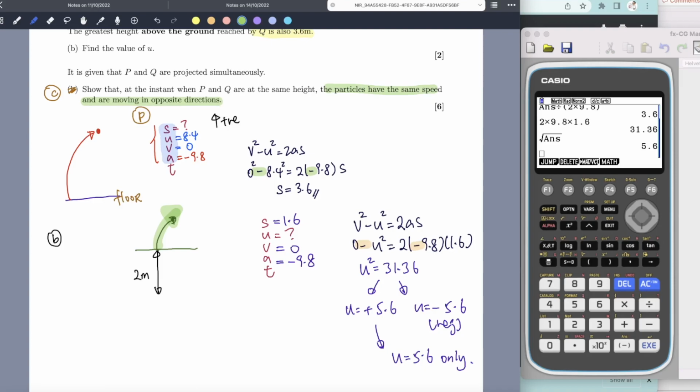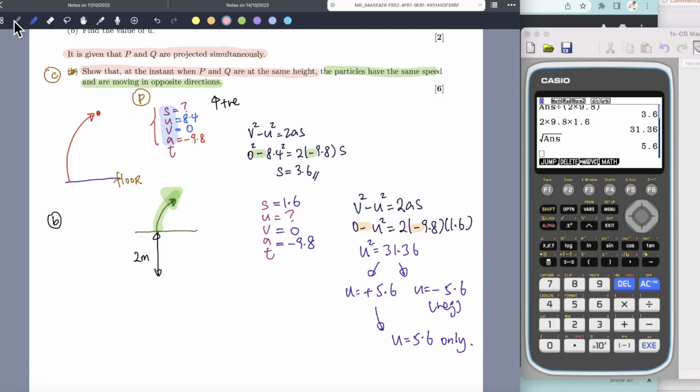The number of marks is 6 marks. But the criteria is the first comma. Before the first comma, they tell you that the two particles are projected simultaneously, so they traveled for the same time, and after traveling for the same time, they are at the same height.